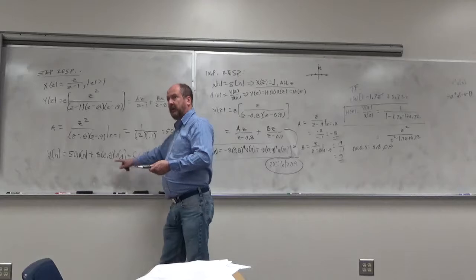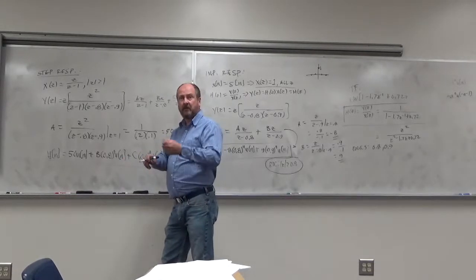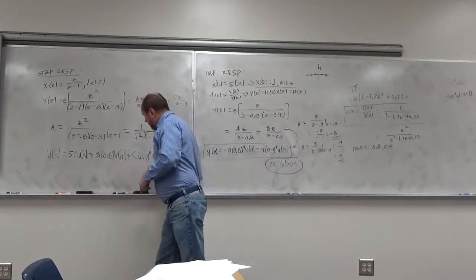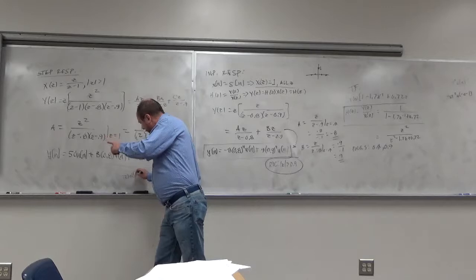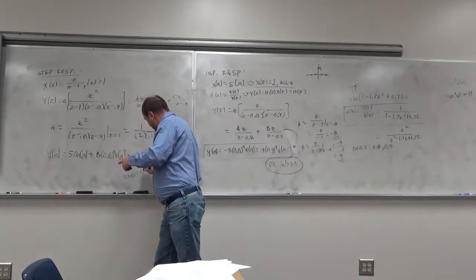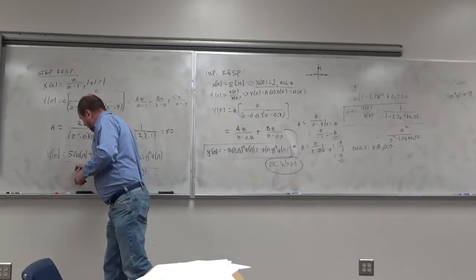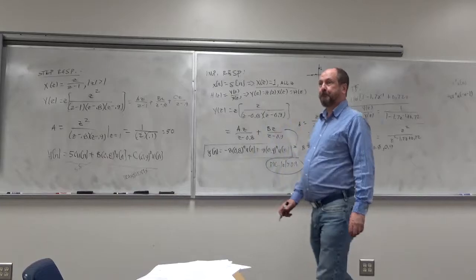What are these two doing? The 0.8 to the n, 0.9 to the n, what do they do? Decaying. These are what we call transients, right? Transients in the first order. So what's the first one? Steady state. Here's your steady state term, and A is actually the final value. Yeah.